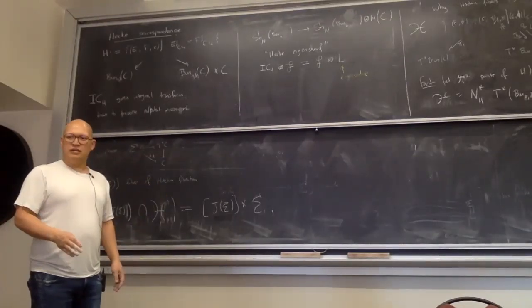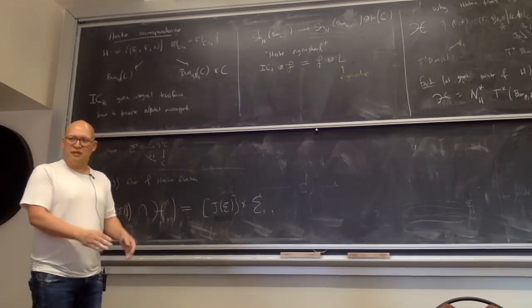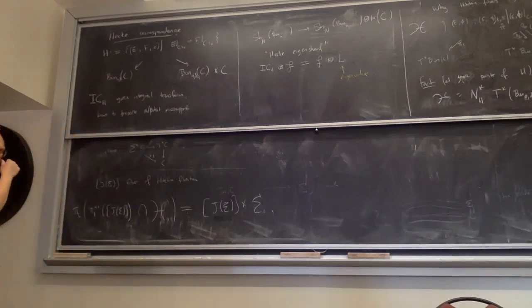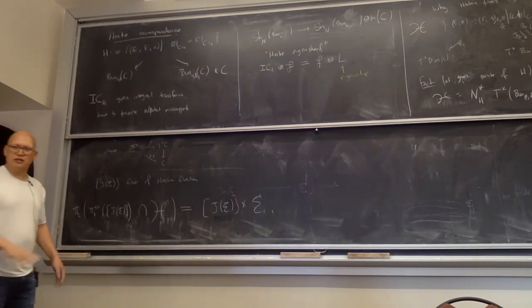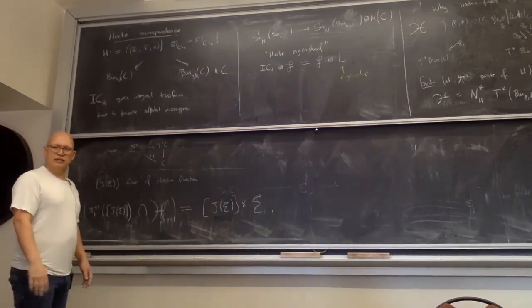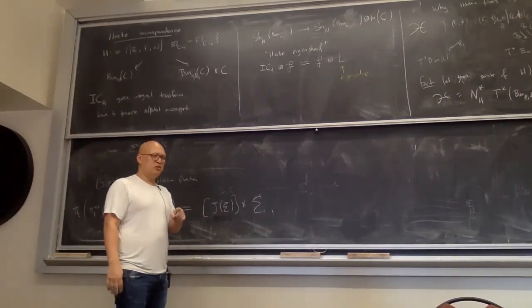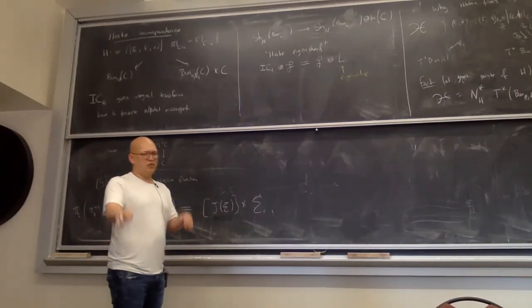Independent of d. Depends on n, of course, but independent of d. There's some formula which I don't remember. I think when n equals 2, I don't remember the formula.